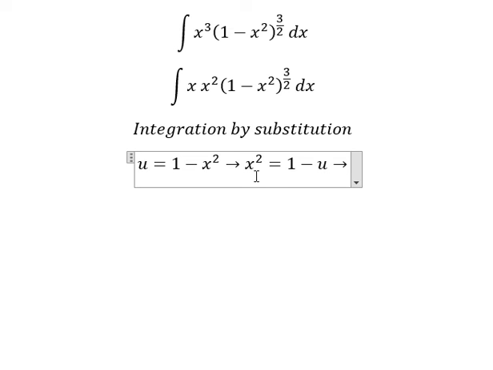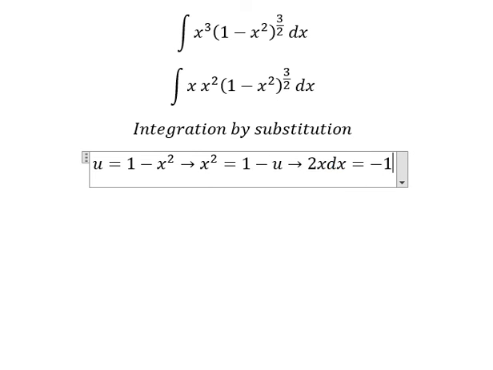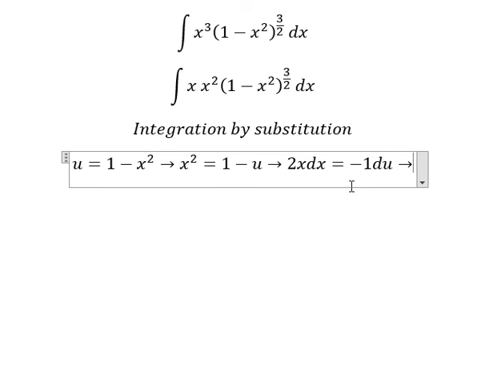Next, we need to take the first derivative of both sides, and this one we have 2s. This one we have number 1. Because we don't have number 2 in here, we divide both sides by number 2.